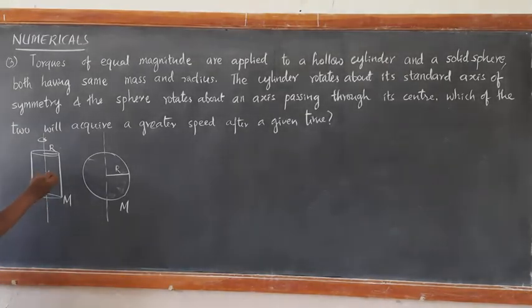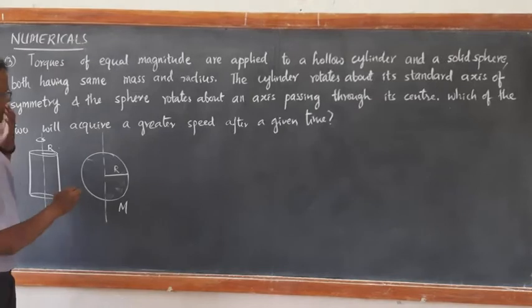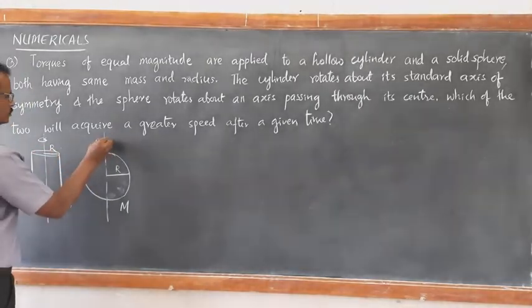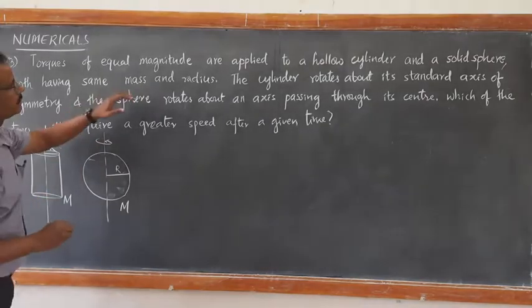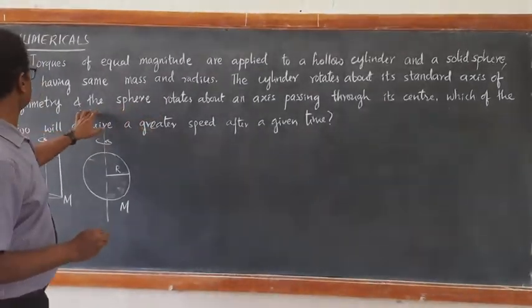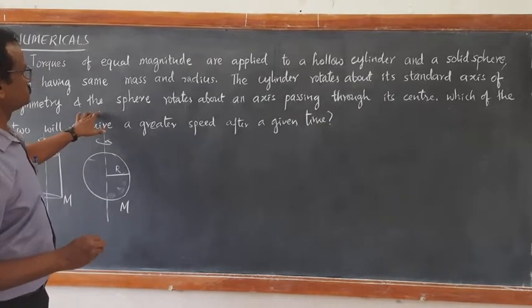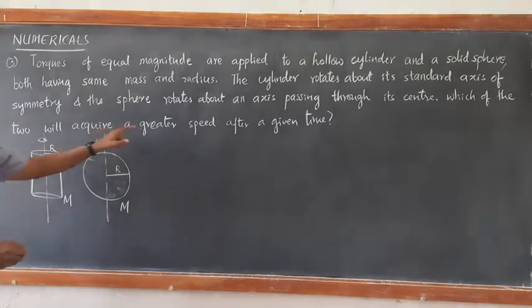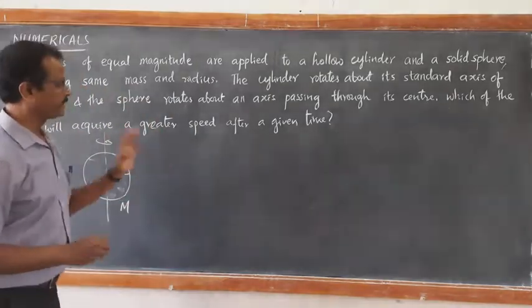Both are being applied with the same torque to rotate. When they are applied with the same torque, which of the two will acquire greater speed at a given time?